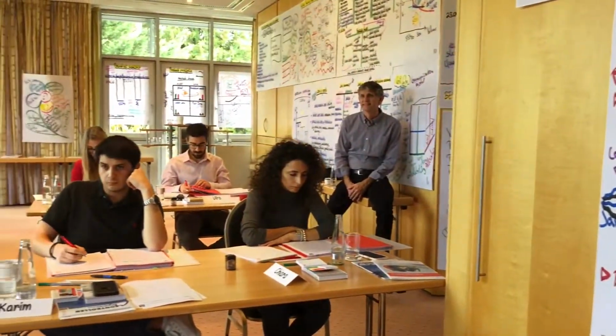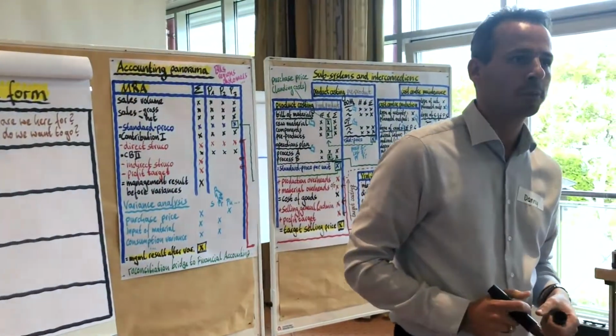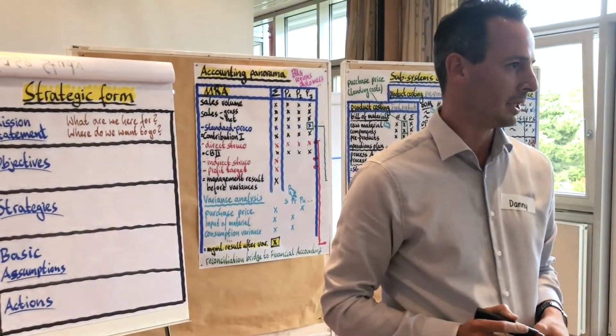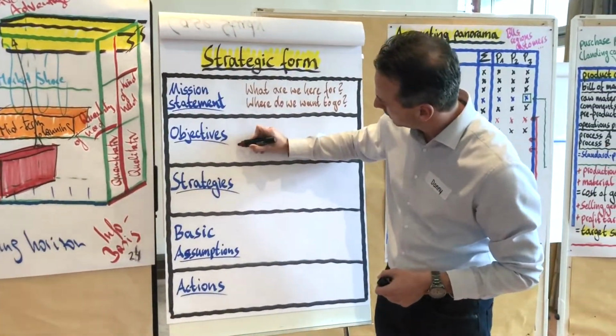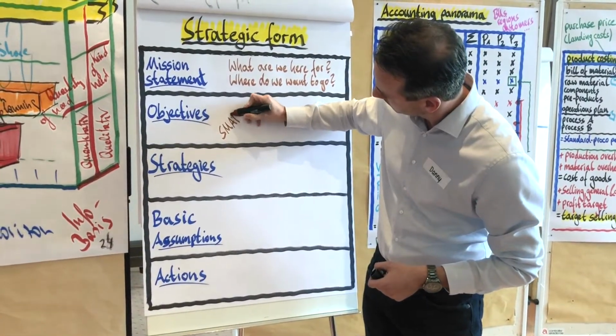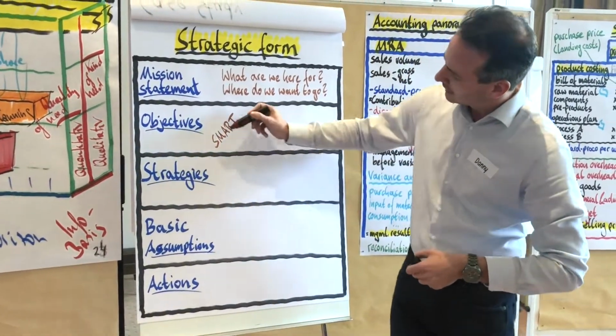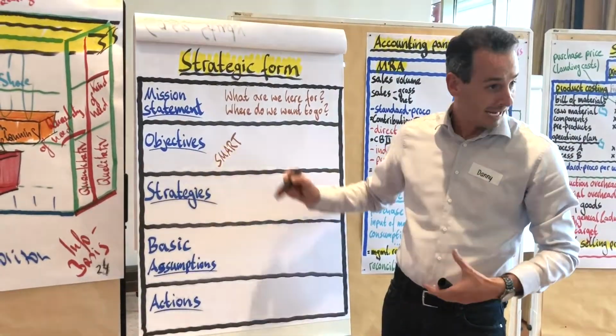And after defining the mission statement, you ask yourself what kind of objectives you want to achieve in your company. So we talked about objectives already. Important is that they are formulated in a smart way. The meaning of smart was specific, measurable, achievable, realistic, and time-bound.